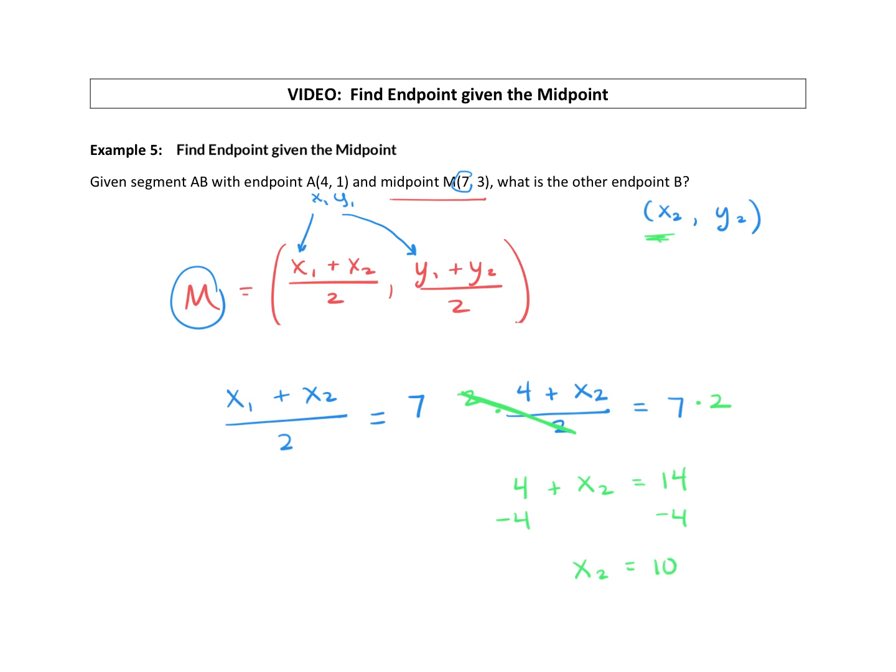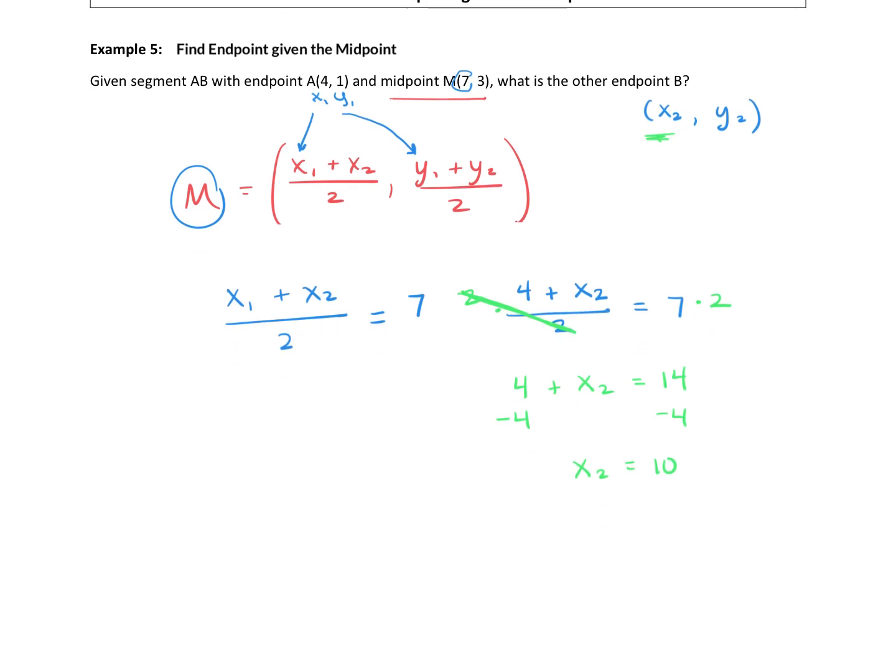So we have half of our endpoint. We found x2. Now to find y2, we're going to follow the same idea. We'll just use the y coordinates. We know that y1 plus y2 from our endpoints divided by 2 will equal the y coordinate of our midpoint. So let me get a little more space here. There we go.